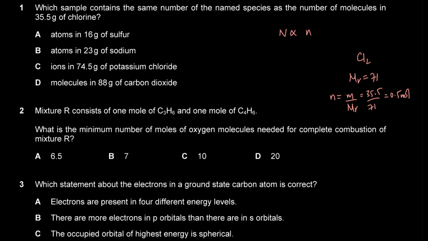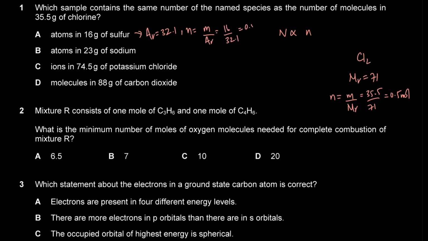So they're saying, okay, if you look at these species over here, which of them is exactly 0.5 moles of that given substance? So let's start with option A, atoms in 16 grams of sulfur. Now sulfur has a relative atomic mass of 32.1, which means that the number of moles is the mass divided by the relative atomic mass in this case, which is 16 divided by 32.1.